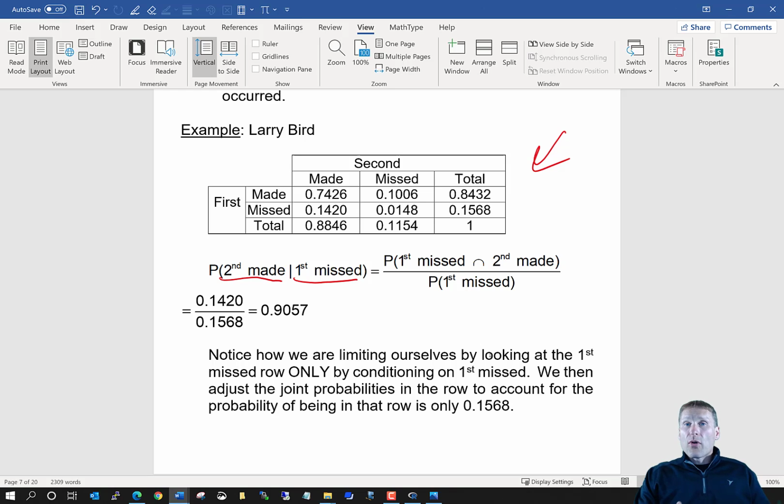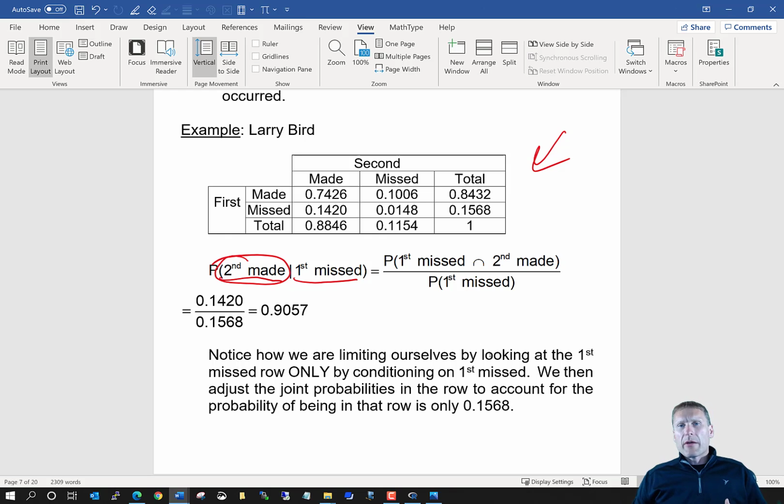And so perhaps the probability of making the second free throw, given that the first is missed, is going to be less than if the player had made the first free throw. That gave that player a lot of confidence, and so when they did that second free throw, they might be more likely to make it. That's often a way that a lot of basketball fans think about it.